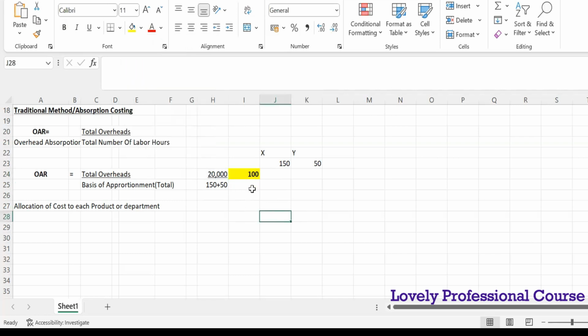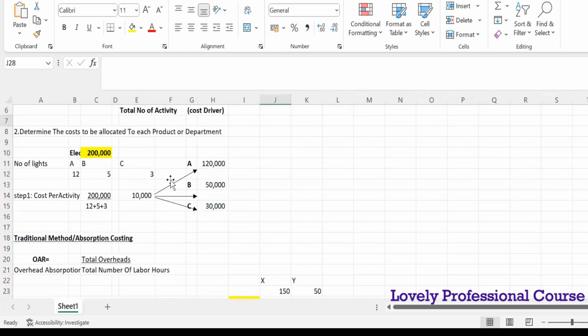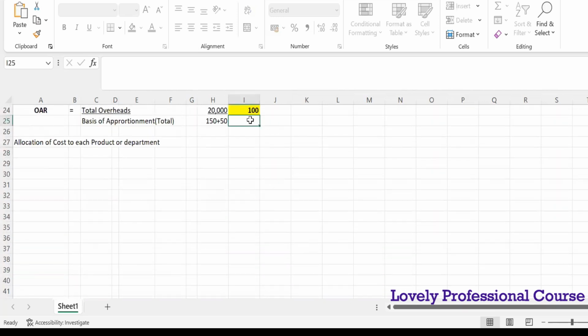So if this is my overhead absorption rate, let me do the allocation. I'm going to allocate it to the cost centers.